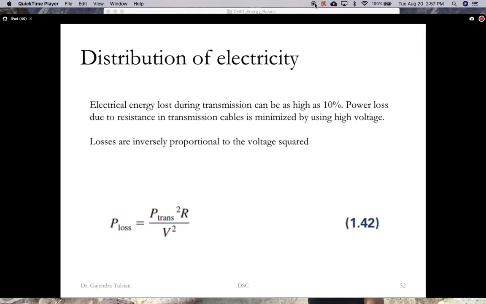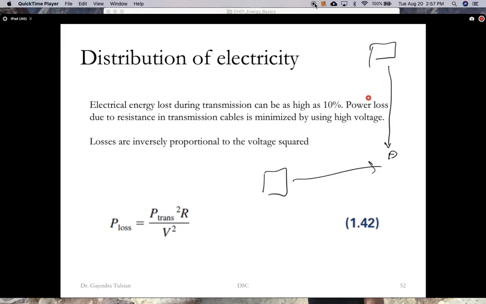Now here's the current model. Electricity is produced at far off locations, and it needs to be brought to your home. Now it turns out that as electricity is transmitted, you lose some part of your energy, and losses can be as high as 10%.